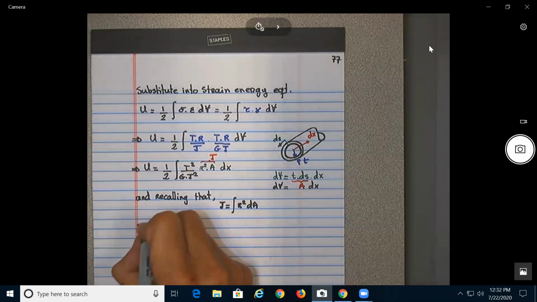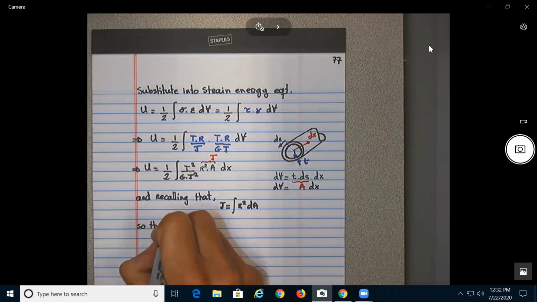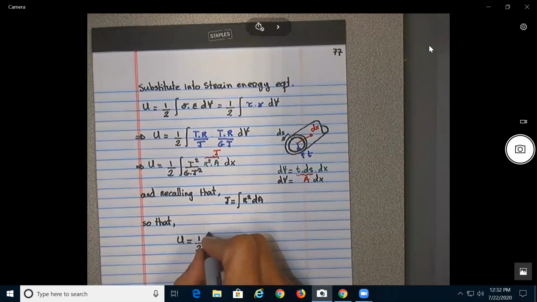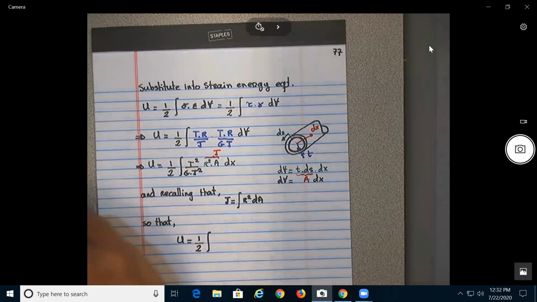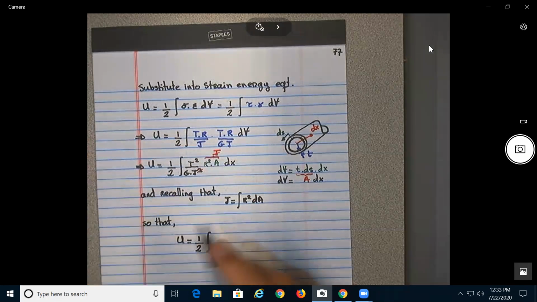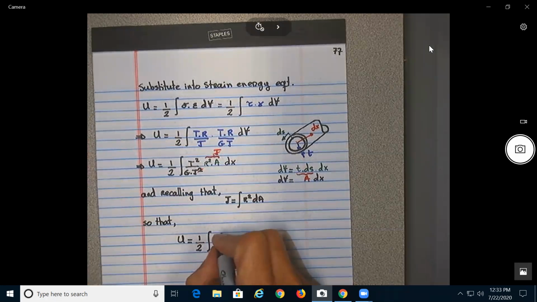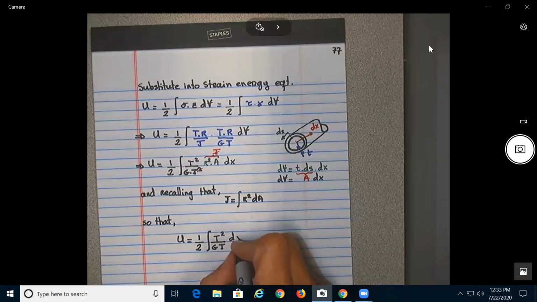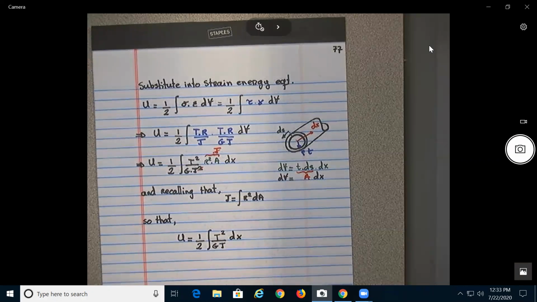So at the end, what do we have? The strain energy will be given by what? 1/2 integral of T squared divided by GJ times dx.